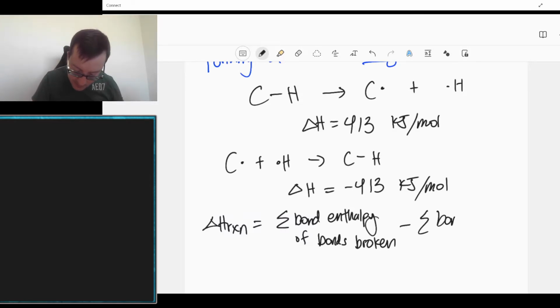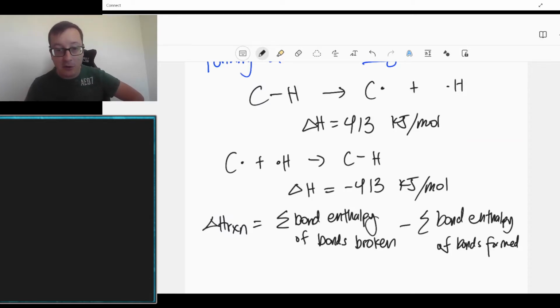Minus the sum of the bond enthalpies of bonds formed. And we put that minus there to make sure that we have everything as exothermic. Because bond enthalpies are typically given to us as positive numbers. Just understand for when they're being formed, when bonds are being made, it's always exothermic. So we put a negative in this formula to indicate that. Remember that the sign switches to negative when you have an endothermic reaction.